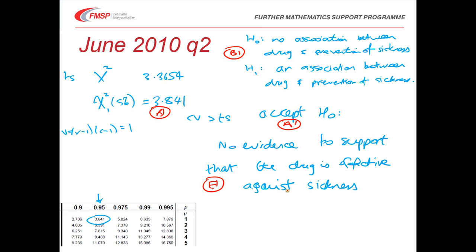Now, again, if you made some mistakes earlier, which meant this was the other way around, and you did actually end up rejecting H0, as long as it was correct, you would get this final mark, which is quite nice. Okay, so in fact, if you got your chi-squared value wrong here, you would still get the A1. So that was a follow-through, and this is a follow-through as well. Okay, so 2 by 2, please make sure you deal with Yates' correction, and then everything will be absolutely fine.